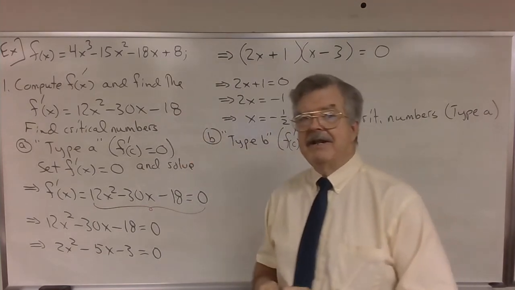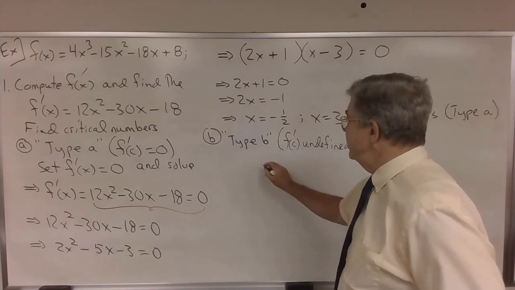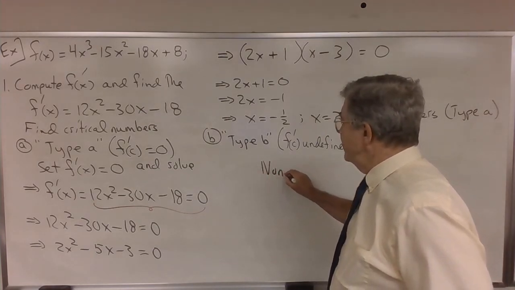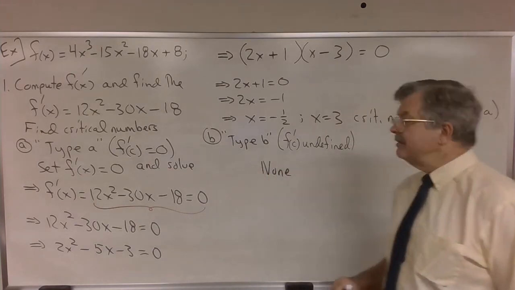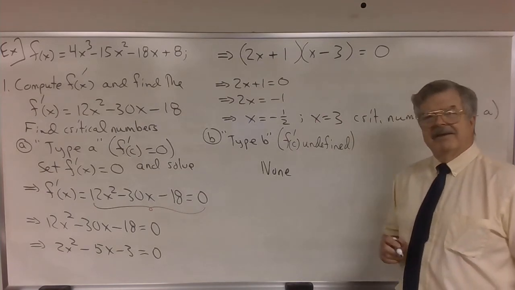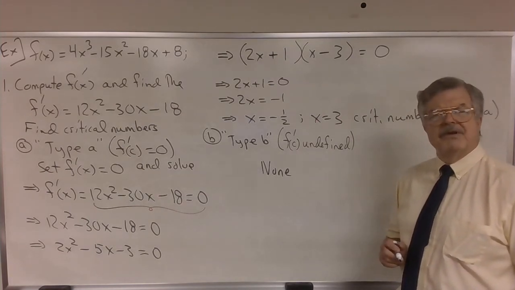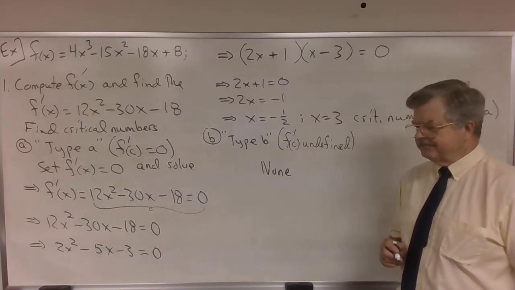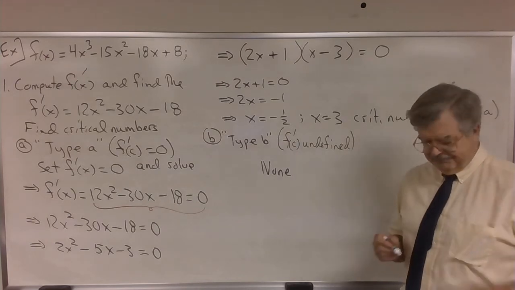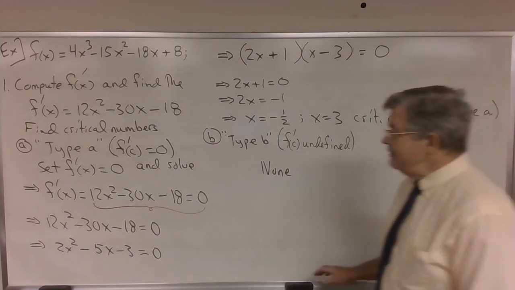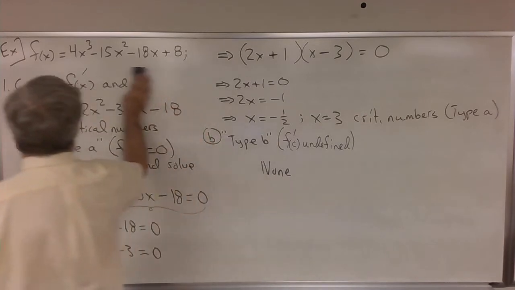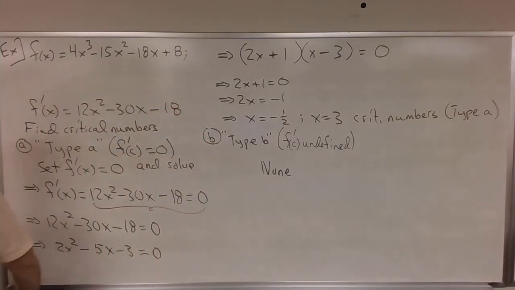We're not going to get any type B critical numbers here either. So we have no type B critical numbers. Wow, you'd think sooner or later we'd run into some, wouldn't you? We will.